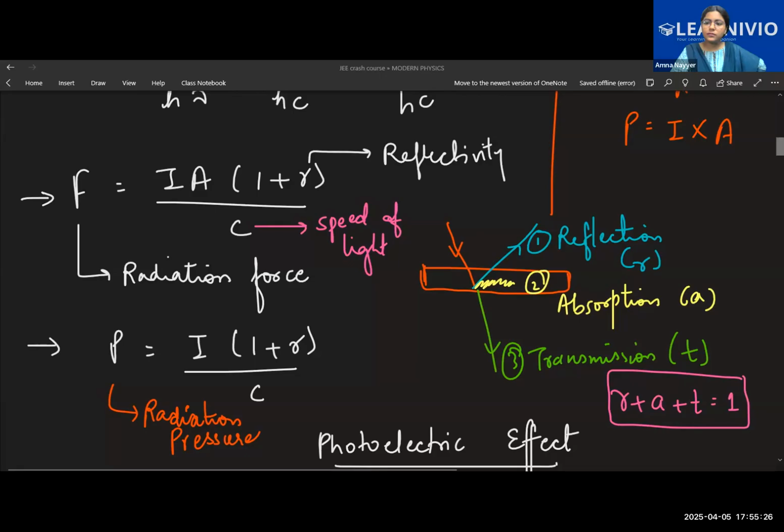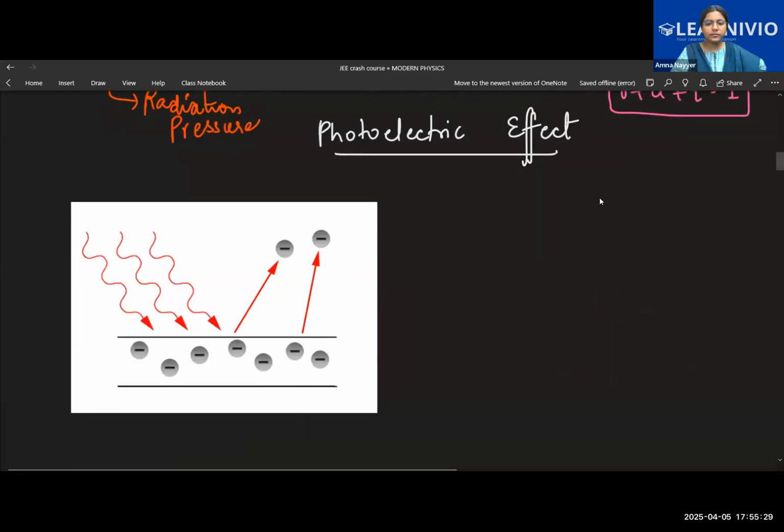Yes, ma'am. Okay, so now this photoelectric effect is a very simple phenomenon that occurs. There were experiments conducted, the evacuated tube experiment. Just have a look at that. That is there in the notes, you can see. So what happens is when the light rays strike, there are various processes by which electrons can be ejected.